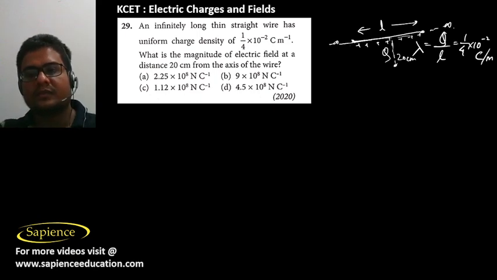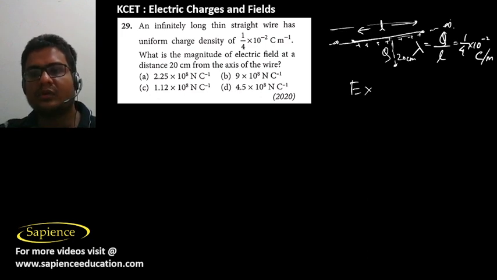So we know that if I use Gauss law, the closed integral E dot dS, we assume a cylindrical Gaussian surface.